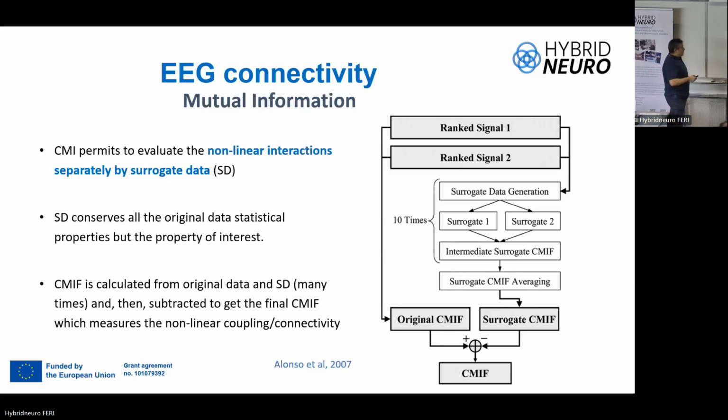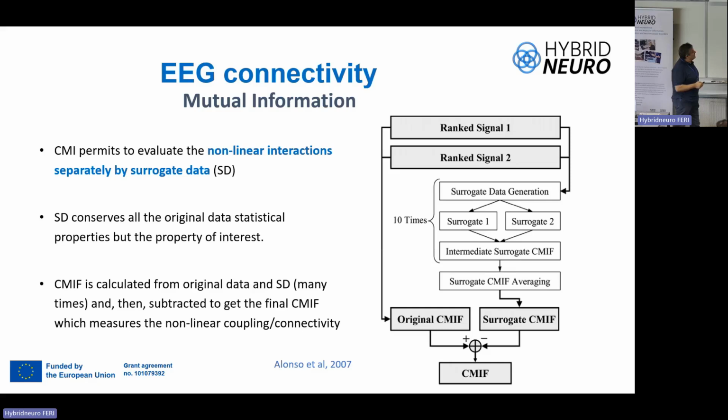So, in order to separate this, we use surrogate data. The surrogate data conserves all the original statistical properties of the data, except the property of interest that we want to measure. So, for example, we have two signals, they must be ranked, 0 and 1.